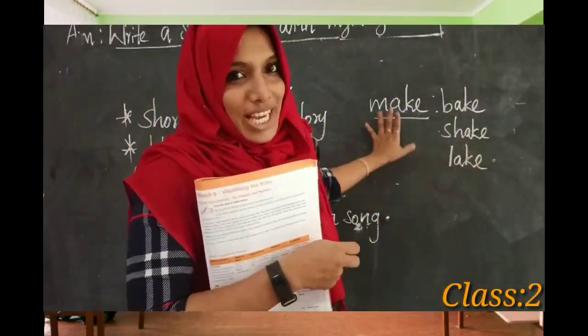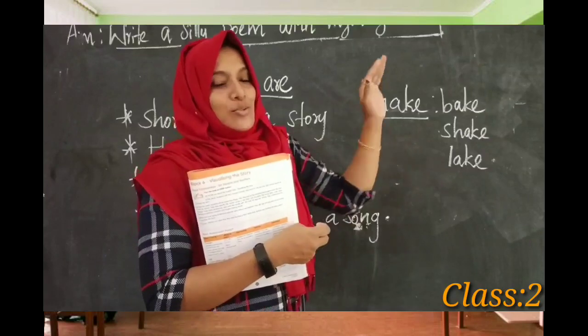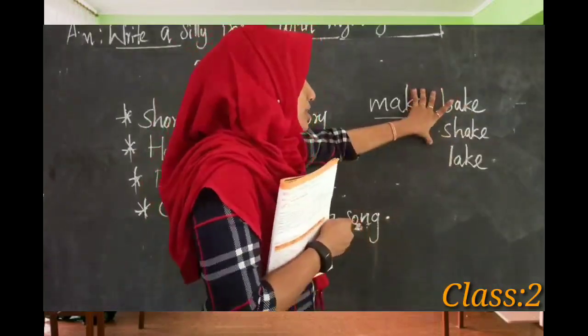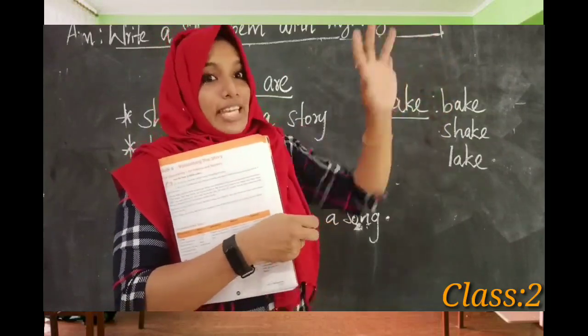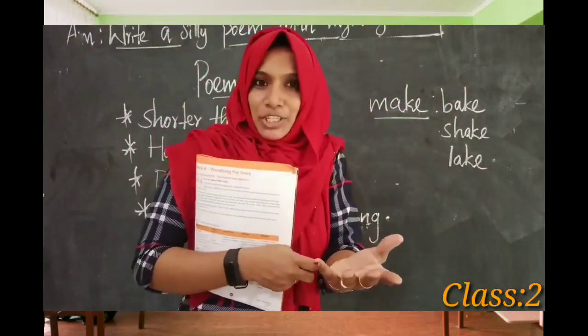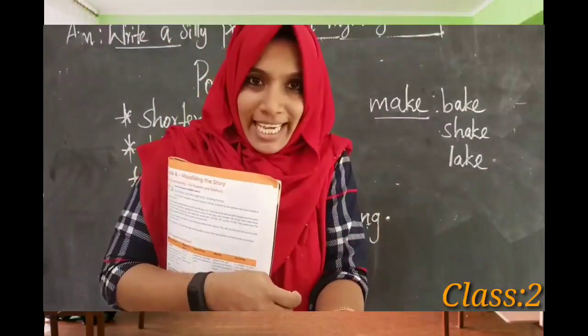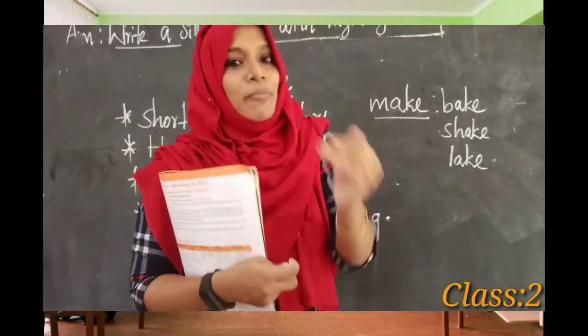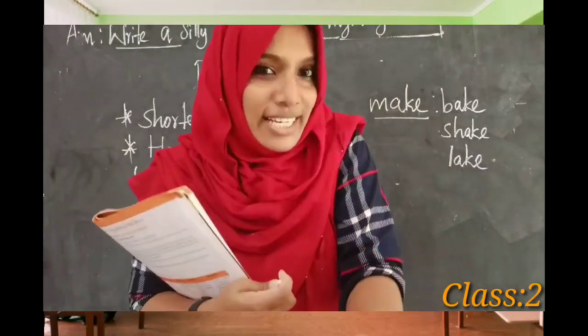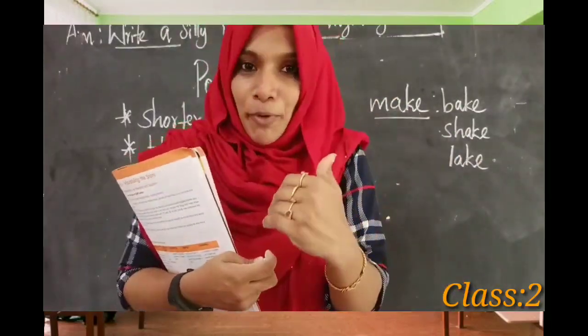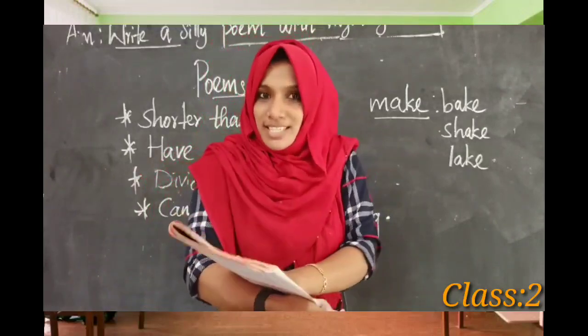Okay, so now here we have some rhyming words. So let's make a poem by using these rhyming words. So how can we make? Yes, we can start. On my birthday celebration, my mother bakes a cake, I make an ice cream, my father takes us to the lake. So like this way, if we are using the sentence, we can make a poem. Okay, so I hope this is clear to you.